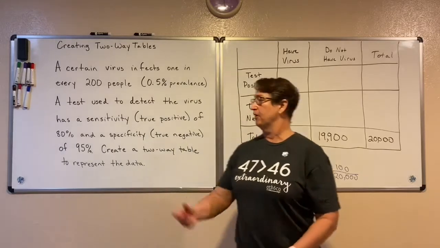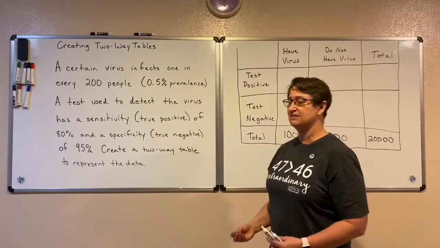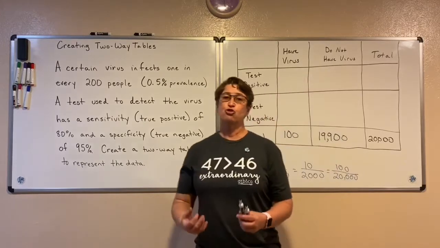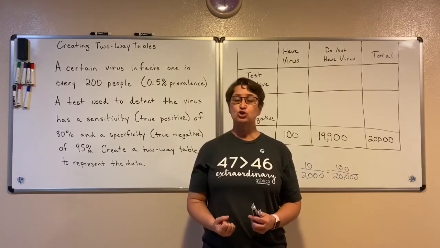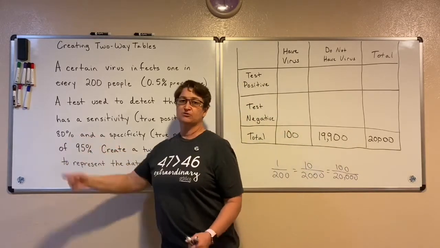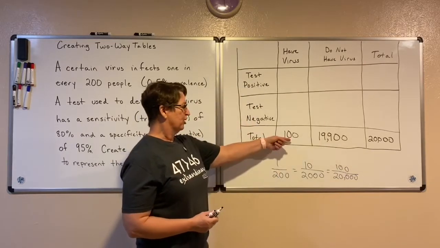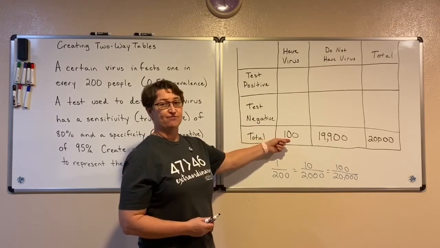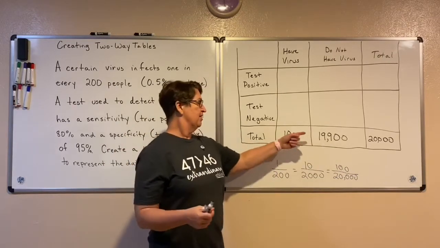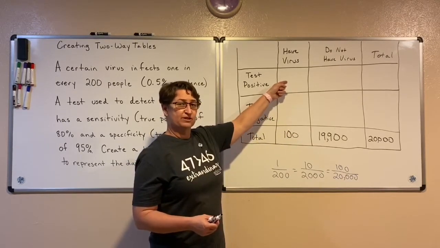Then, the next part of my question says, a test used to detect the virus has a sensitivity, a true positive of 80%. So in other words, those people who come in and actually have the disease, 80% of them we expect to walk away with a positive test. So on our chart, 100 of them have the disease. We know from the sensitivity then that 80% of those will walk away with a positive test.